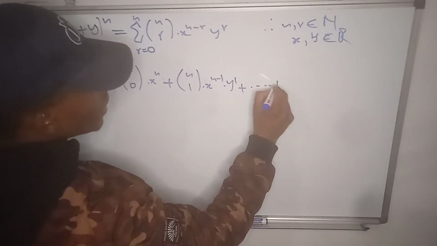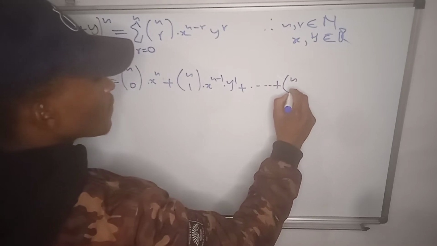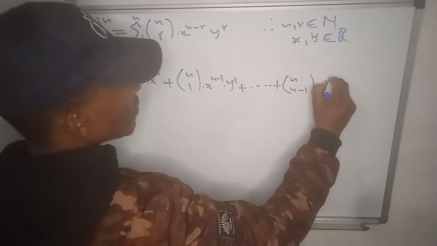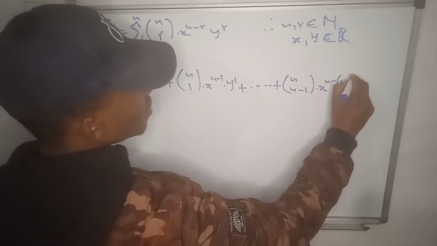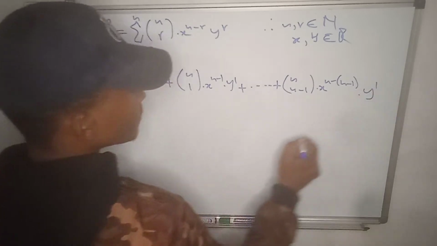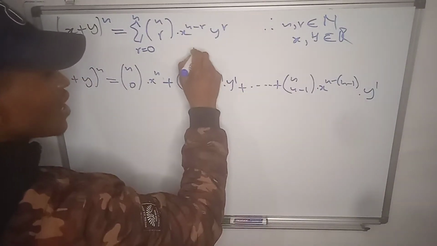When we continue adding like that, we get n combination n−1 times x^1 times y^(n−1), but n combination n−1 is the same as n.